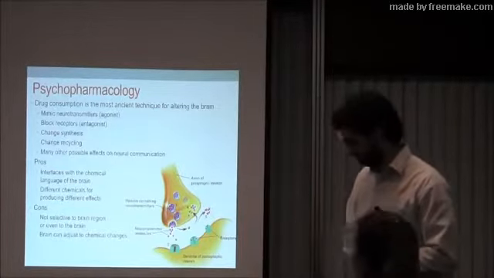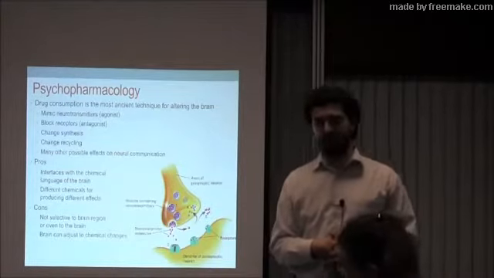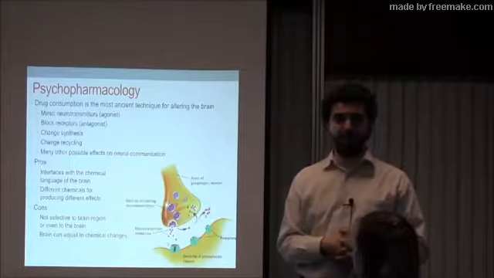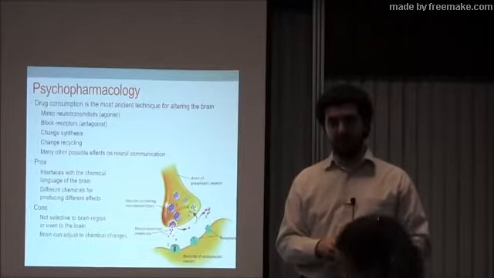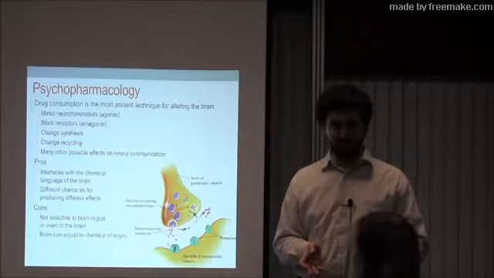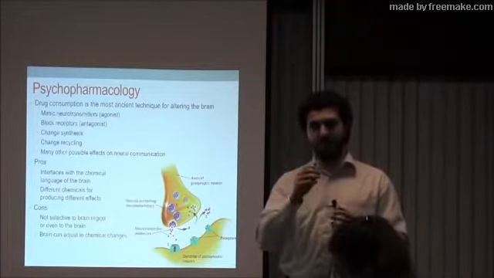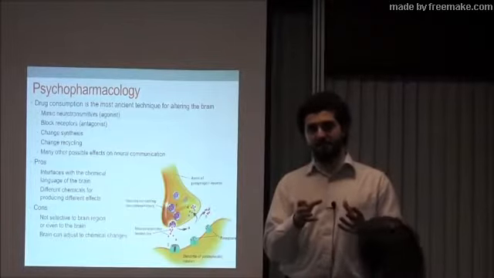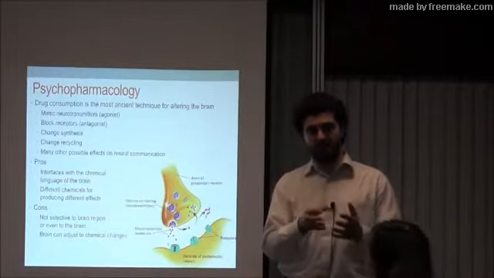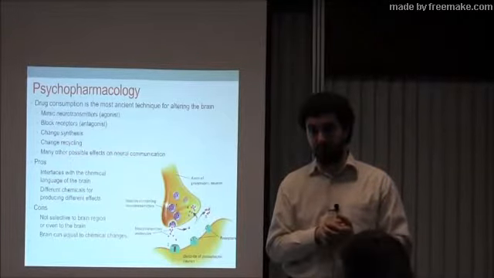For example, if you look at heroin. Heroin is a narcotic, right? So what happens is that heroin is very similar to a substance that is produced in the body called endorphin.